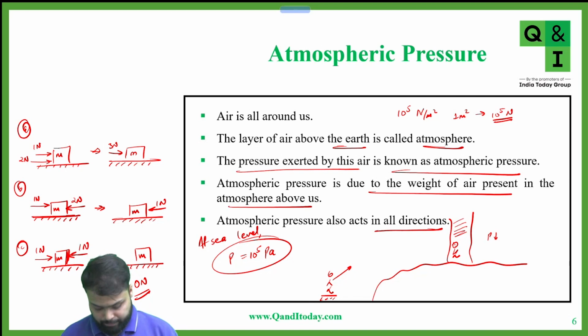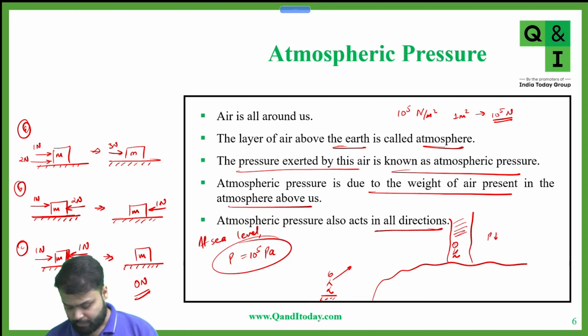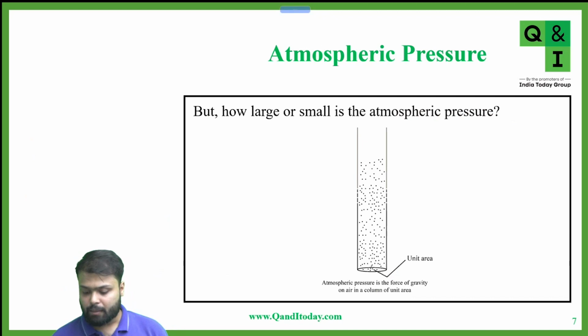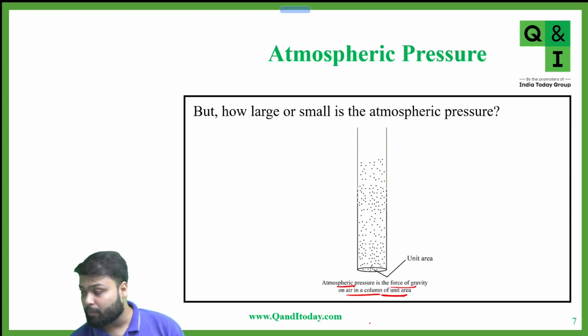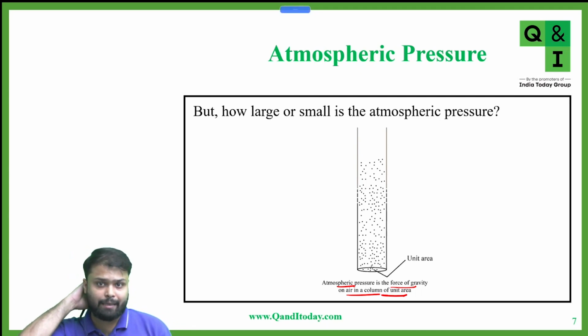Is this clear? Okay, but the question that comes to our mind is how large or small is the atmospheric pressure? Atmospheric pressure is the force of gravity on air in a column of unit area. You can also feel this by considering an example.